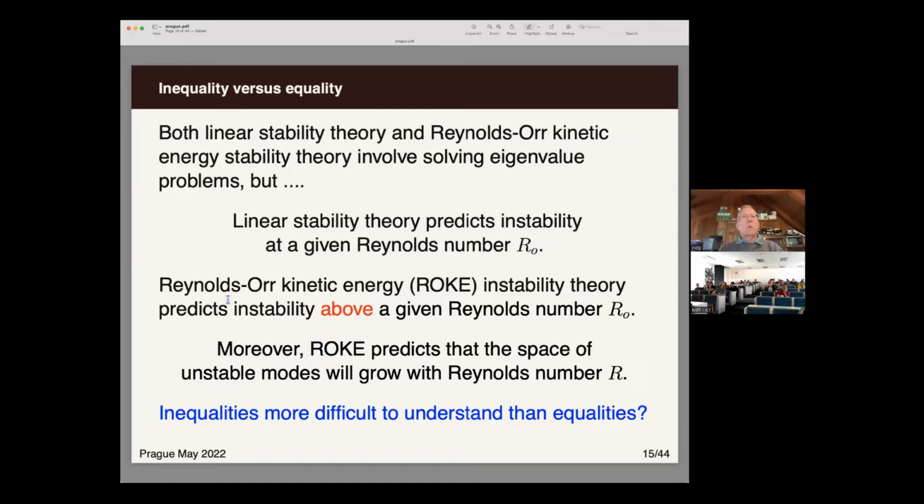One difference is that linear stability theory predicts instability at a particular Reynolds number, whereas this newer kind of a really older theory predicts instability above a given Reynolds number. And then the higher you go in Reynolds number, there can be a larger and larger space of possible instabilities. So let's take a look at that.